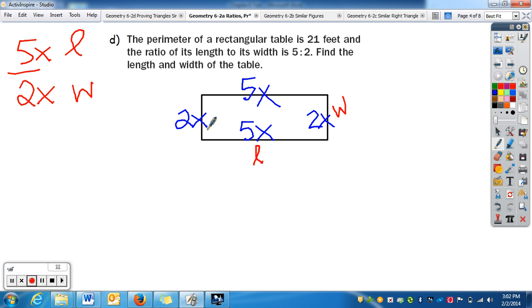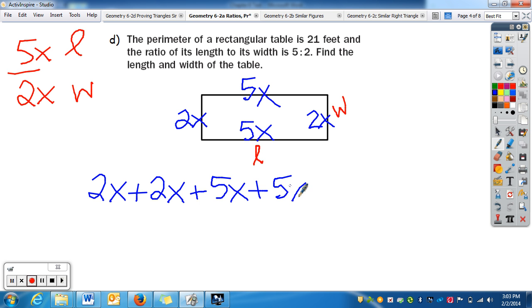Alright, so we can add up: 2x plus 2x, my two width sides, plus 5x plus 5x equals 21.